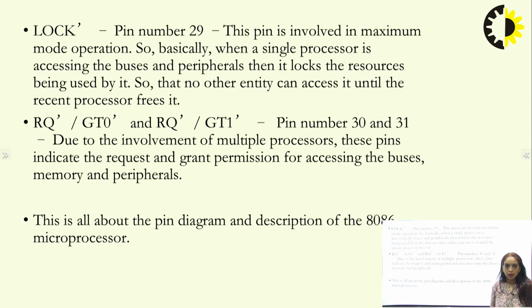Not only buses, they can send a request to access the memory and the peripheral devices also, right? When both the signals are high, RQ/GT0, that is pin number 30, will have higher priority than pin number 31. The request connected at pin number 30 will be executed first compared to pin number 31.